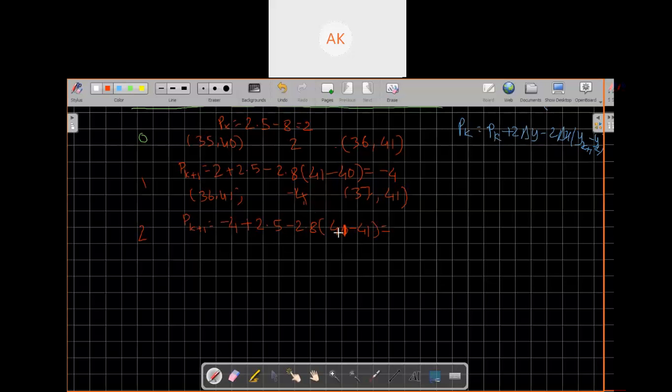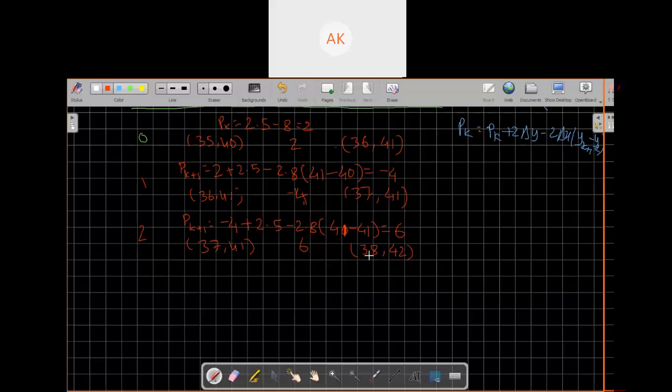That is 0, and 10 plus -4 is 6. When your pk is 6, your initial point is 37, 41. When the decision parameter is positive, greater than or equal to 0, then both coordinates change by 1: 37 plus 1 is 38, and yk+1 is 41 plus 1, which is 42.